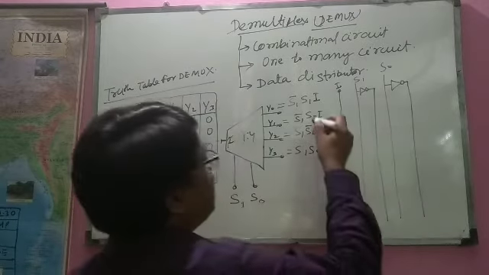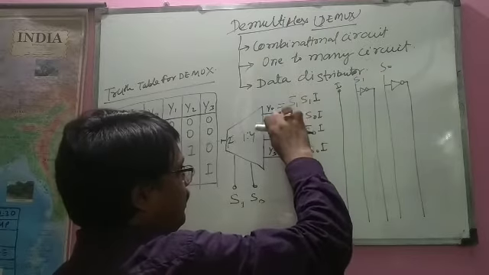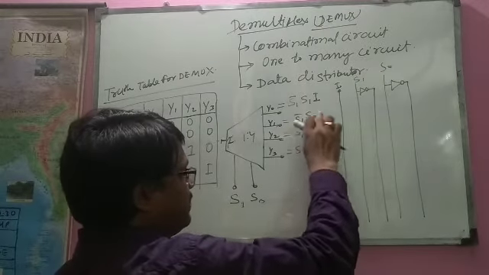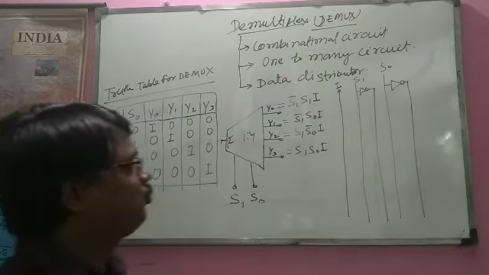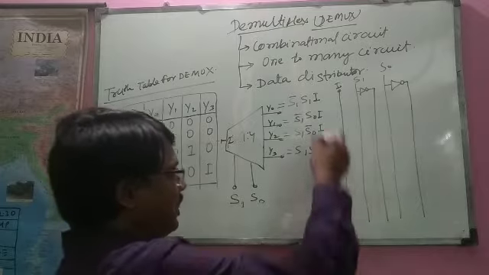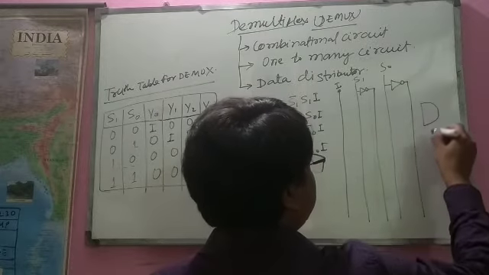There are 4 outputs, and only an AND gate is required to implement Y0, only an AND gate is required to implement Y1, and so on. So there are 4 outputs, and there will be a requirement of 4 AND gates.